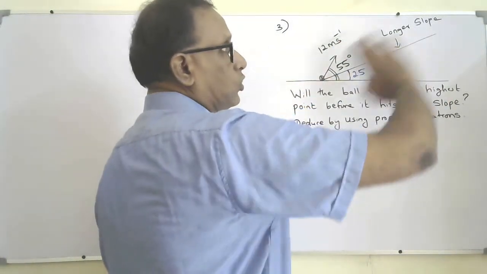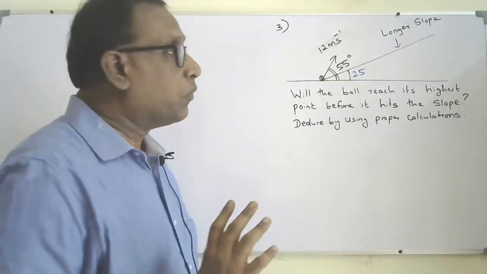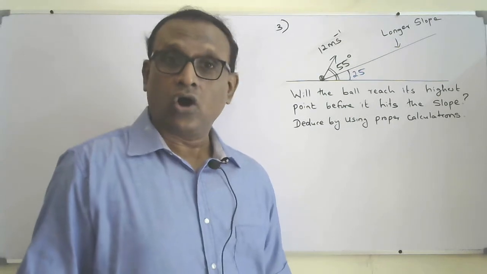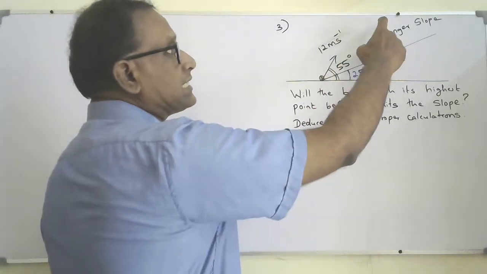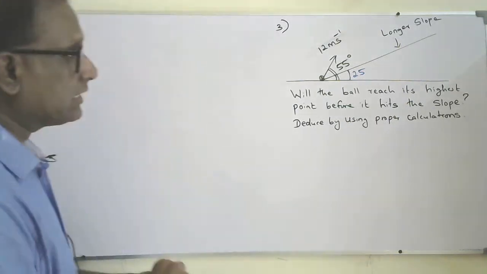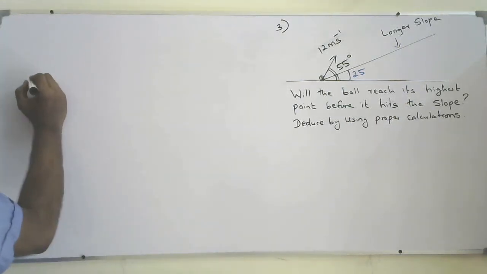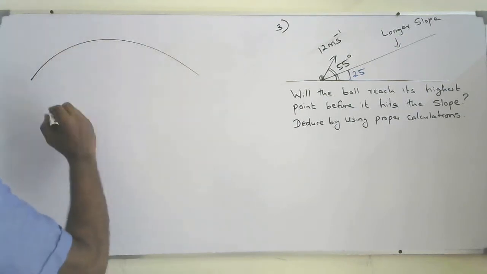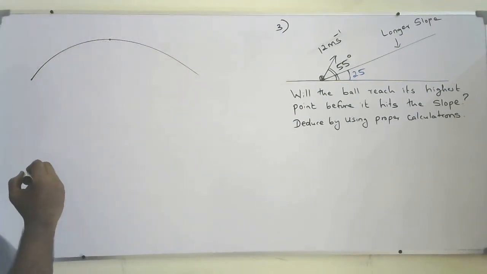It's a long slope. So will the ball hit the slope before it reaches the highest point, or will it be able to reach its highest point without hitting the slope? It depends like this. This is the path. The ball can have a path like this, and this is the highest point, right?